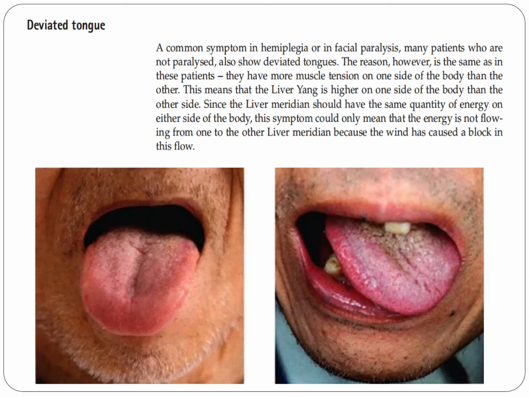This means that the liver yang is higher on one side of the body than the other side. Since the liver meridian should have the same quantity of energy in either side of the body, this symptom could only mean that the energy is not flowing from one to the other liver meridian because the wind has caused a block in this flow.